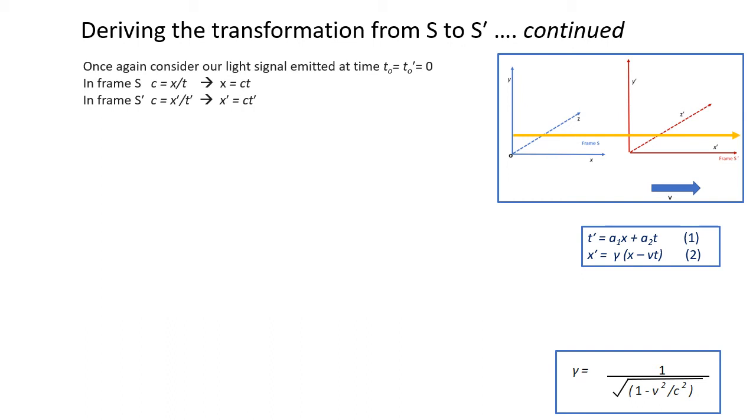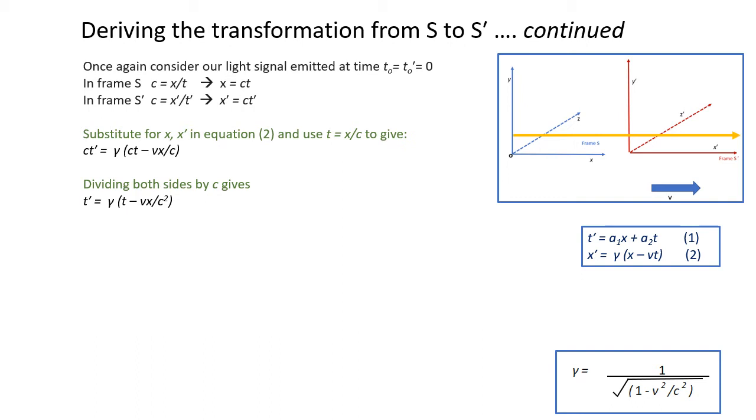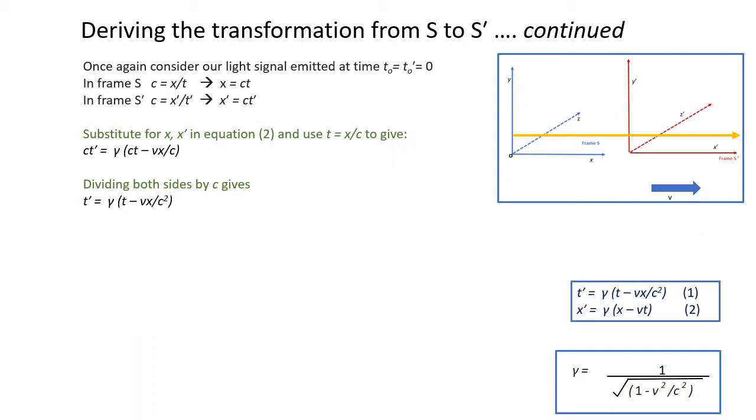So we substitute for x in equation 2, and also use the fact that t equals x over c to give us ct' equals the Lorentz factor into ct minus vx over c. So we divide both sides by c. This gives us t' equals gamma into t minus vx over c squared, which is the new version of equation 1.